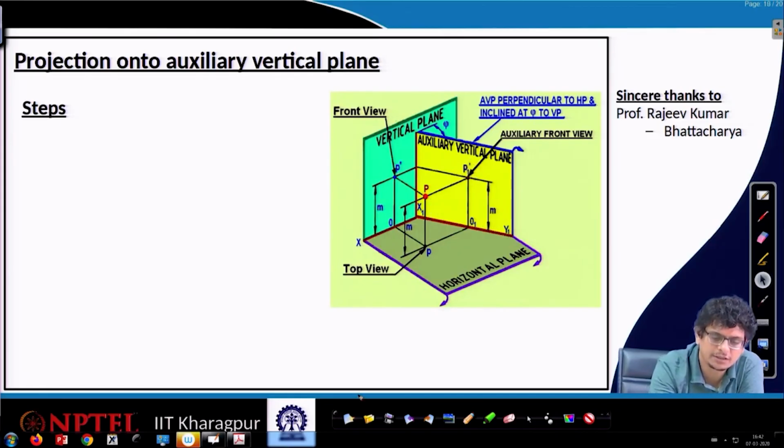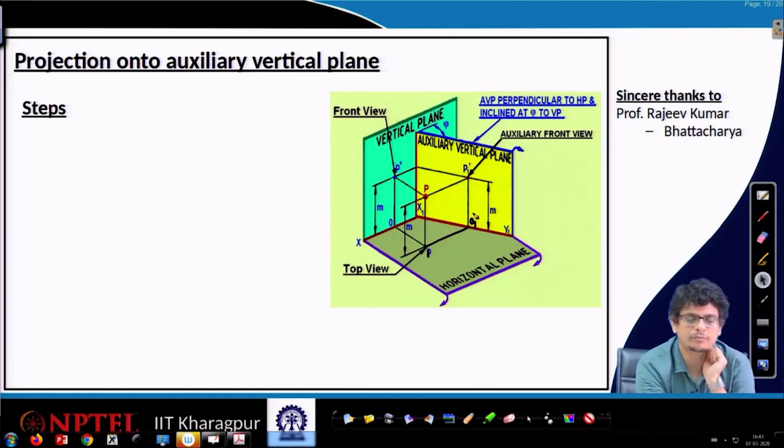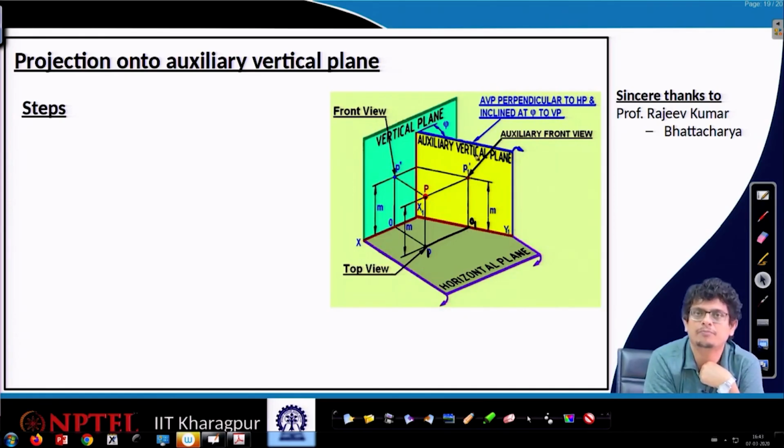The projection of this point P all the way down is P, and that projection all the way there we call O1. So, the coordinates of this point P projected onto the auxiliary plane are given by O1 and P1 prime.